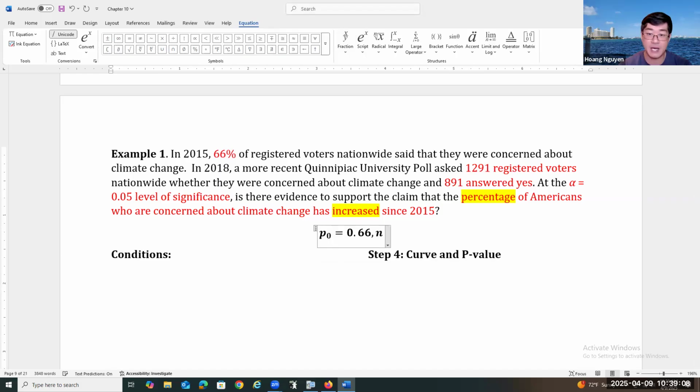The sample size n is equal to 1,291. The number of people with the certain characteristic is 891. And alpha is equal to 5%.